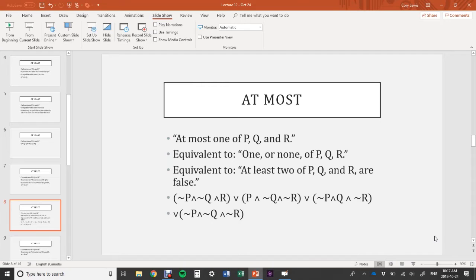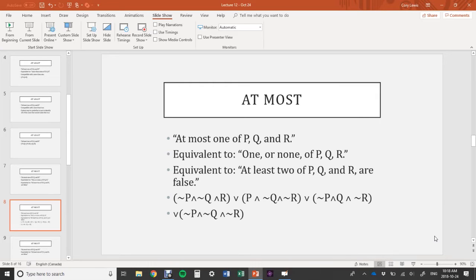So that's the test for a good symbolization. Do assignments of truth values to all the parts give you the same structure of truth values as what the meaning of the sentence would suggest? Okay?